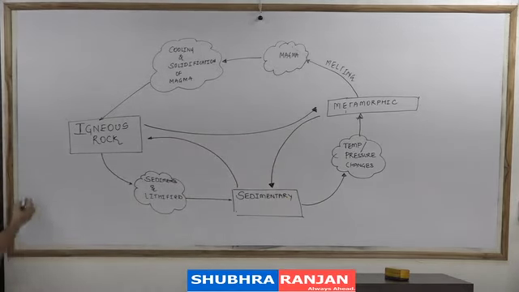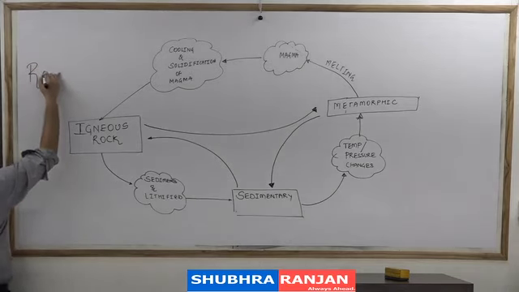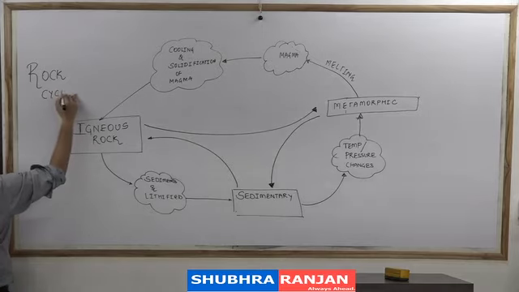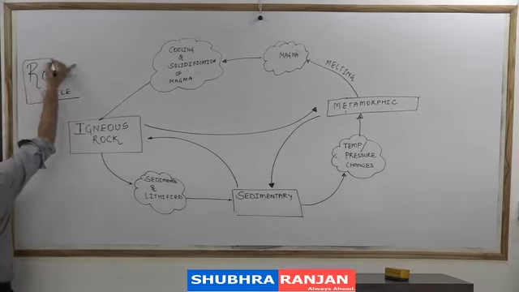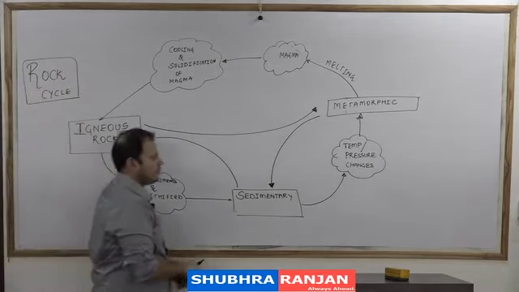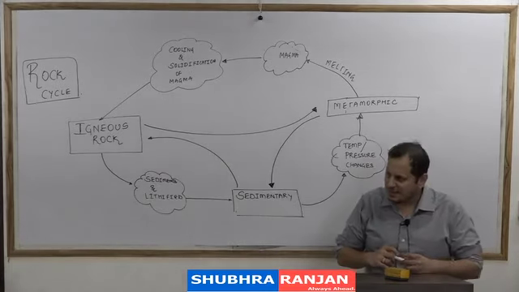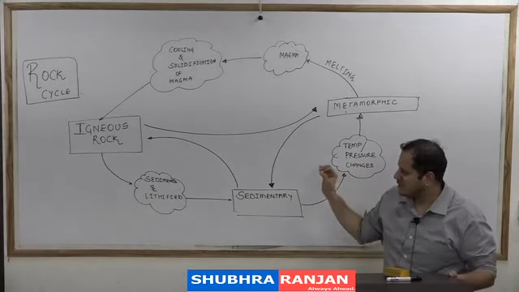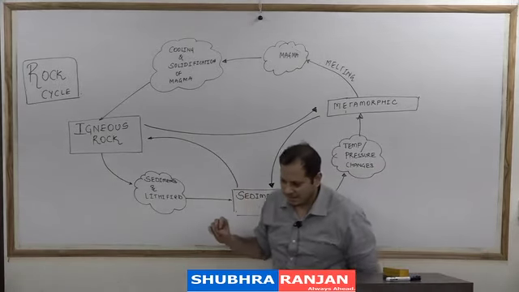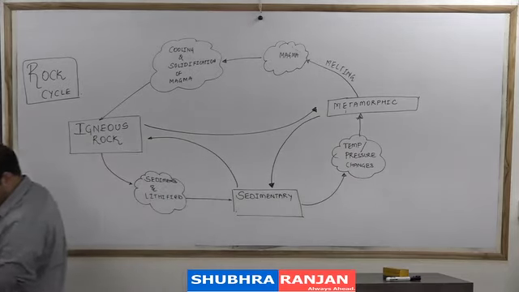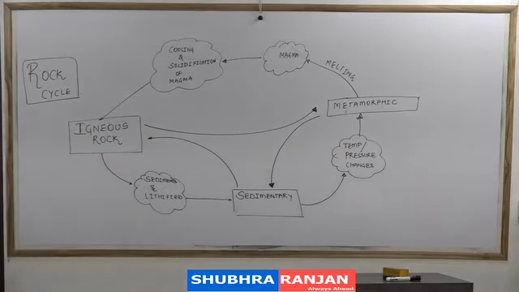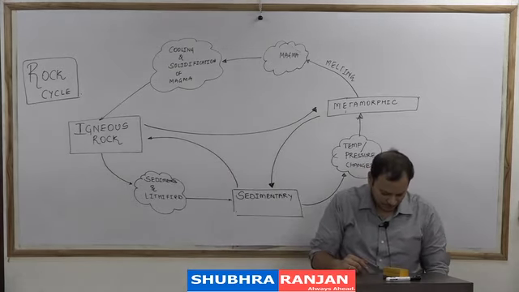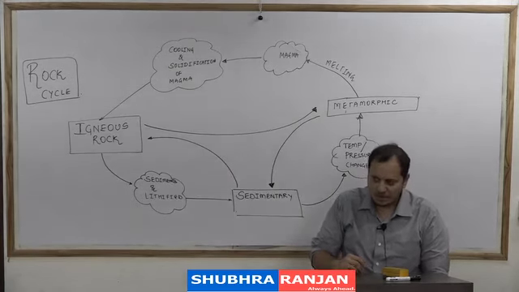So this entire process of how the rock changes is known as the rock cycle. NCERT has given the same diagram in a complicated manner. So this is a very simple diagram you can remember for the rock cycle. Fine with this?